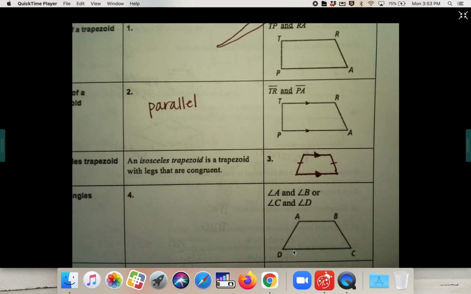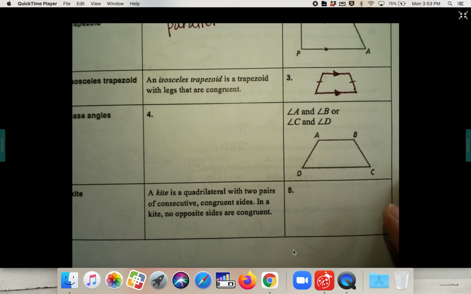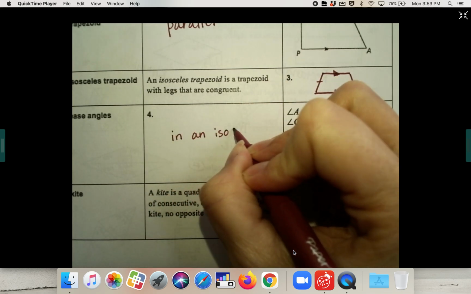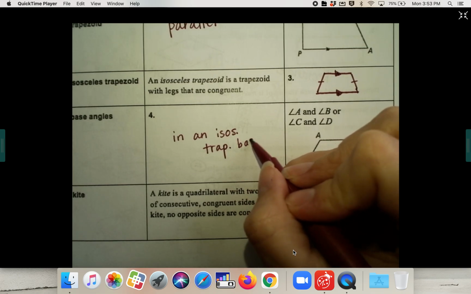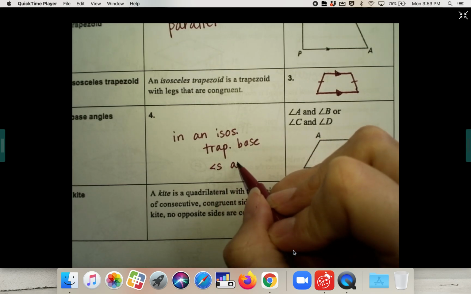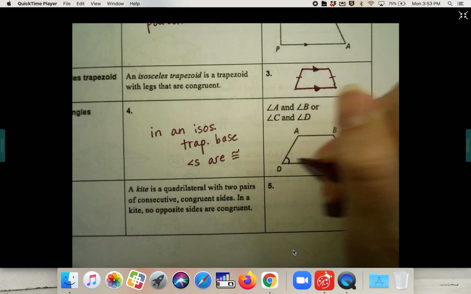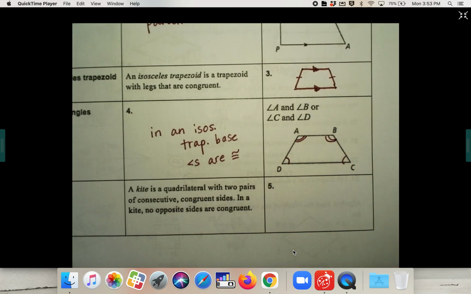They're congruent. Now they're talking about base angles. This has to be in an isosceles trapezoid. Base angles are congruent. So D is congruent to C, A is congruent to B.